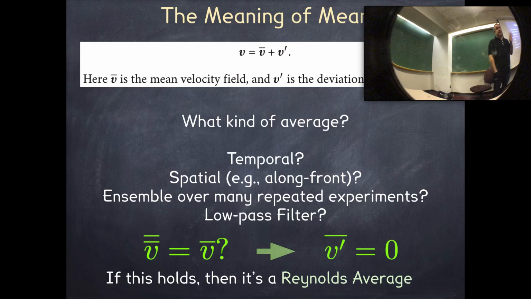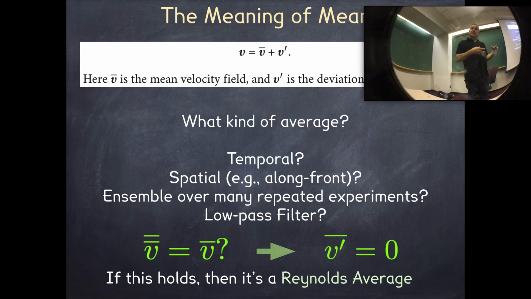One of the worst kind of puns and word twisting, but things that's most important to think about when turbulence is, we like to break the flow into the mean part and the turbulent part. But in order to do that, you have to decide what you mean by mean. So what do we mean by mean?